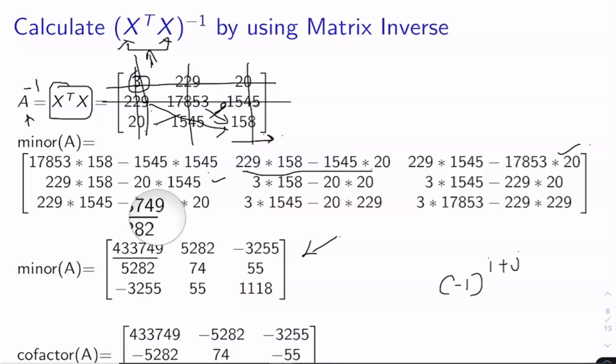This is the first row and the first column, so 1 plus 1 becomes 2, and minus 1 to the power of 2 becomes positive 1, so you need not change the sign. If i plus j is an odd number, you need to change the sign. If i plus j is an even number, you are not required to change the sign of the element. So by applying this formula, you need to find the cofactor.